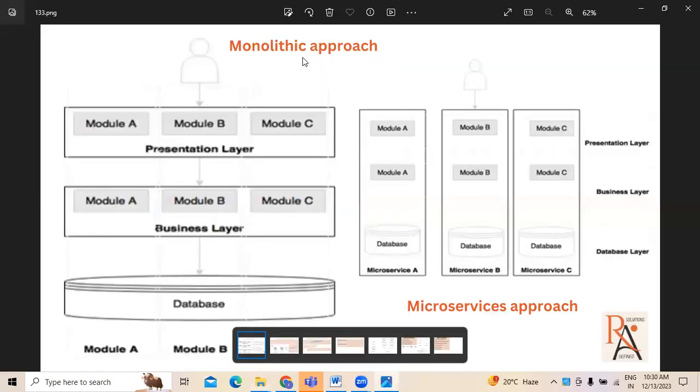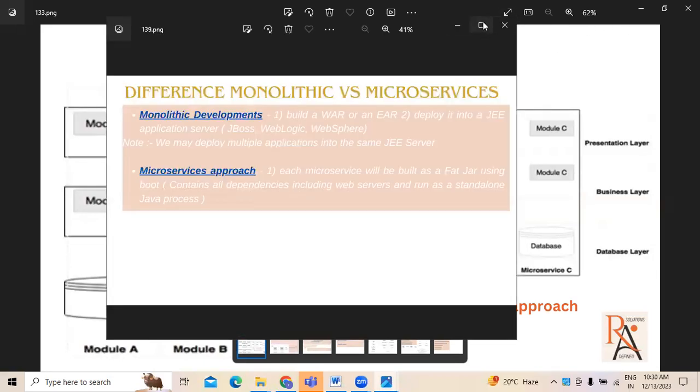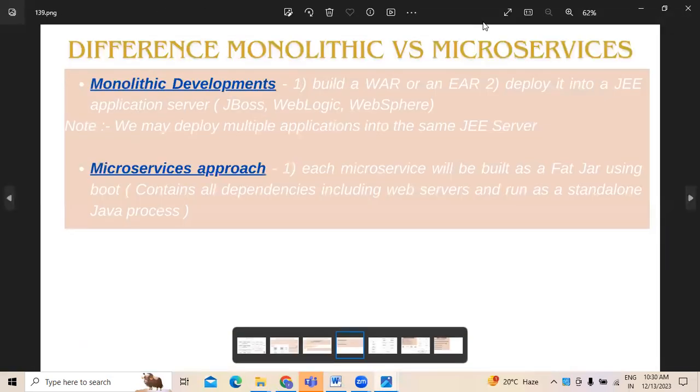Now, when it comes to the difference between monolithic and microservices, as I told you in the beginning, monolithic development means a single tier application, wherein we are developing single level applications on a high level node, with builds of different WAR files or EAR files.